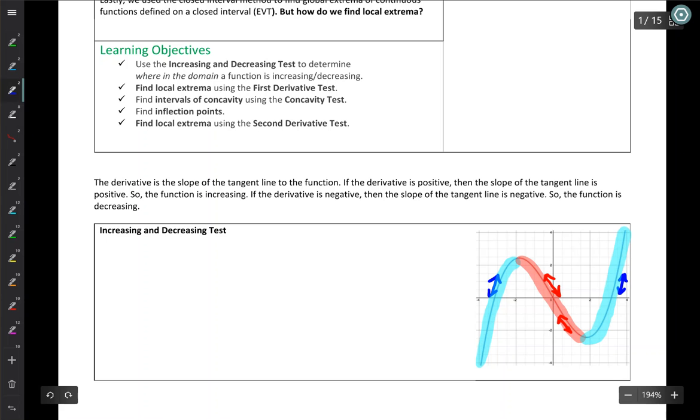So all the increasing, decreasing test says is if the derivative is positive, we can just write f prime is greater than 0. Then what must be true?